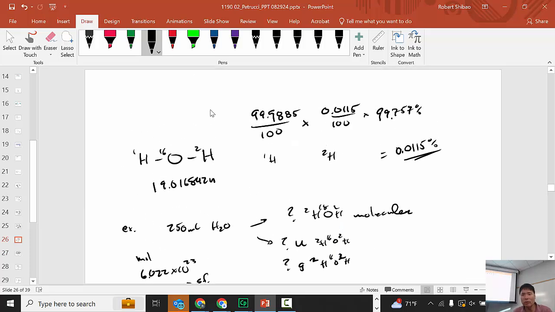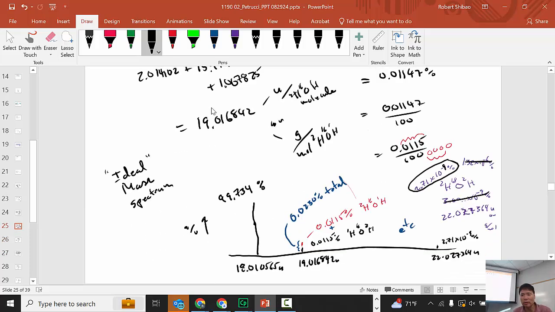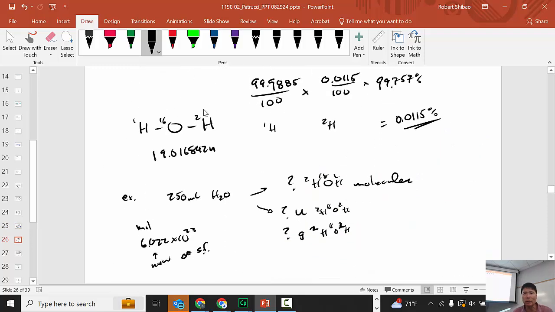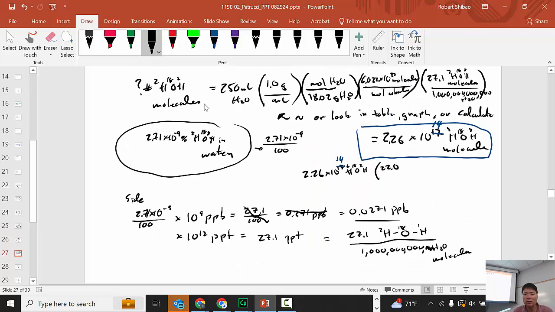And so a single one of these water molecules weighs 22.07364 U per H2O18 H2. And how many U am I going to get altogether?